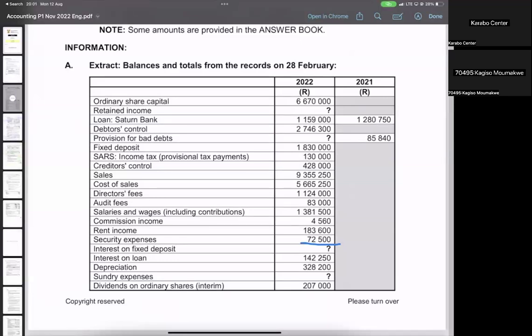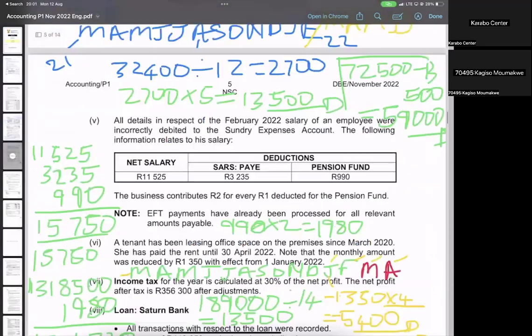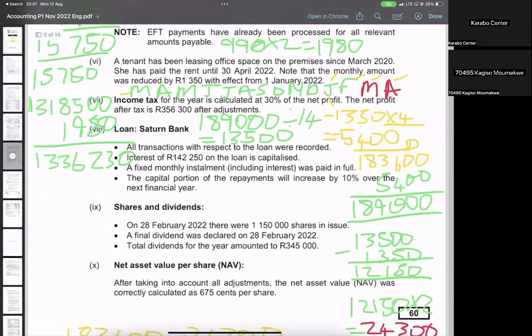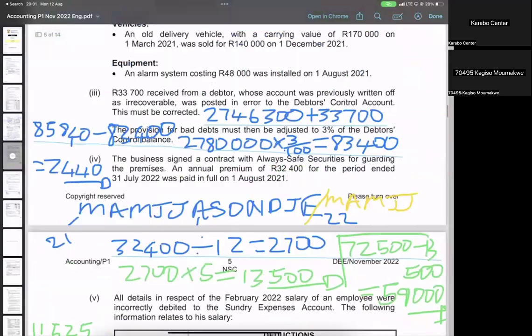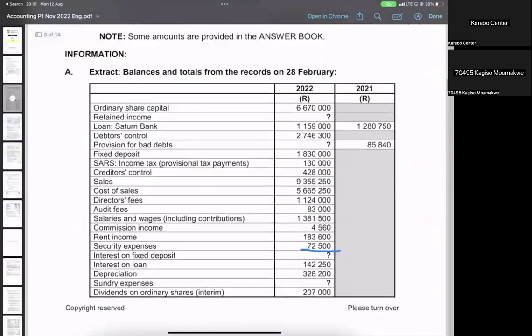So now we have to calculate the amount that we paid and our current portion. Okay. Our loan at the beginning of the year was 1,280,750.